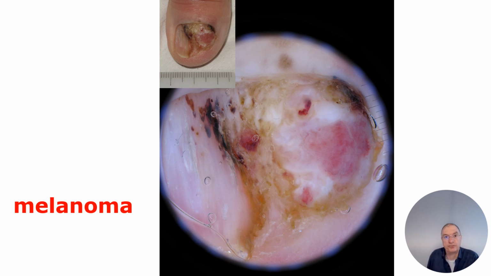Nail destruction: I must rule out the malignancy, melanoma or squamous cell carcinoma, Bowen's carcinoma, I don't know what, but I must exclude it. The hint for melanoma is this brownish spot here. Here's the Hutchinson sign.